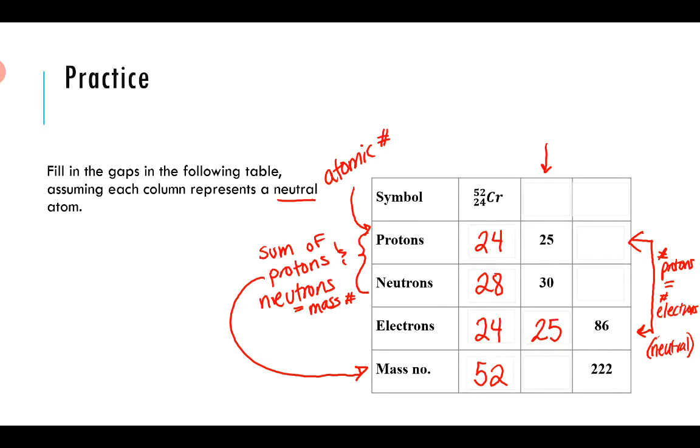So 25 plus 30 is equal to 55. And then we can write our symbol. We have 55 as the superscript and 25 as the subscript. Then we can look at the periodic table to figure out what has an atomic number of 25, and that's manganese.